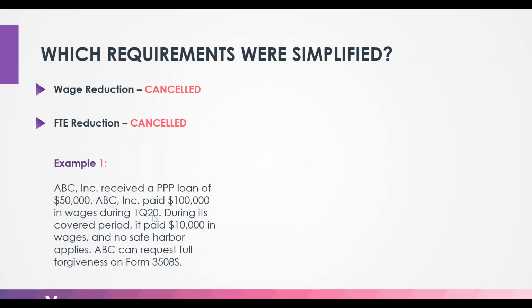So let's assume they paid $100,000 in wages during that look-back period. Then during its covered period, whether it was 8 weeks or 24 weeks, whatever they selected, they paid only $10,000 in wages and no safe harbor applied. Well, since they have a loan of $50,000, they qualify for the 3508S process, and they will be able to request full forgiveness on the 3508S despite the wage reduction.